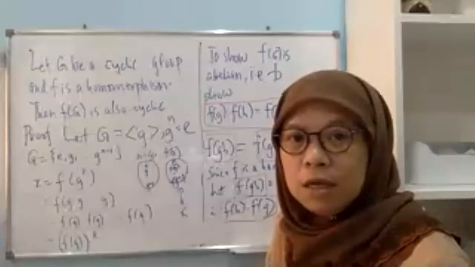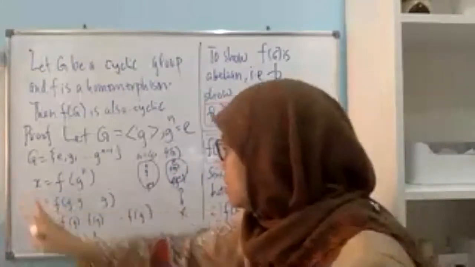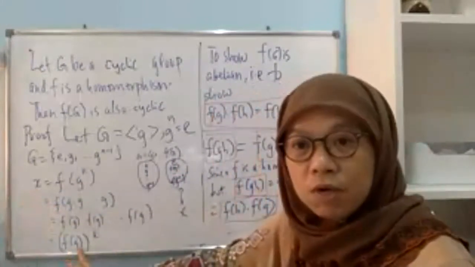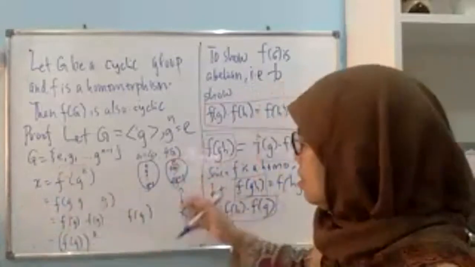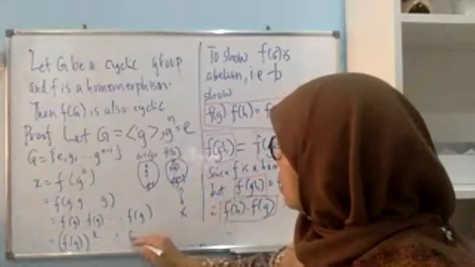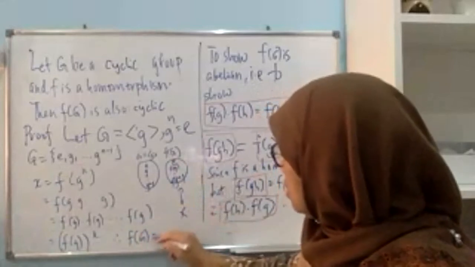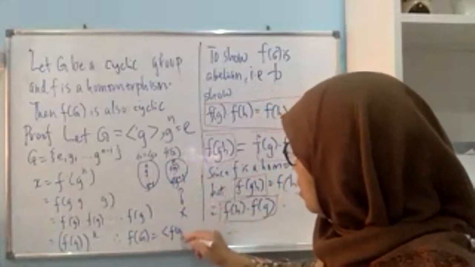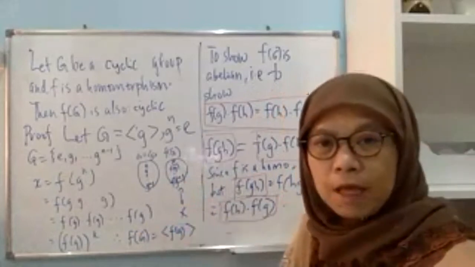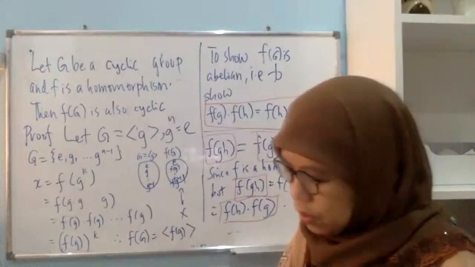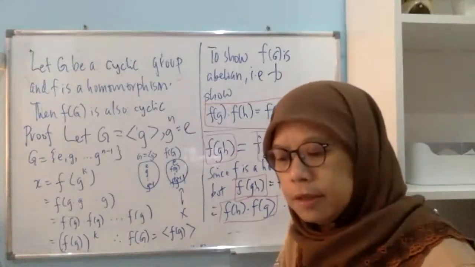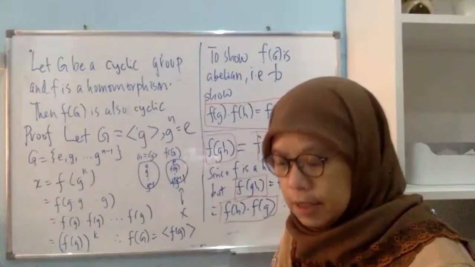What does it mean? It means that any x is a power of f of g. This is true for all x in here. So I can say that f of G is generated by f of g. So it is also cyclic.